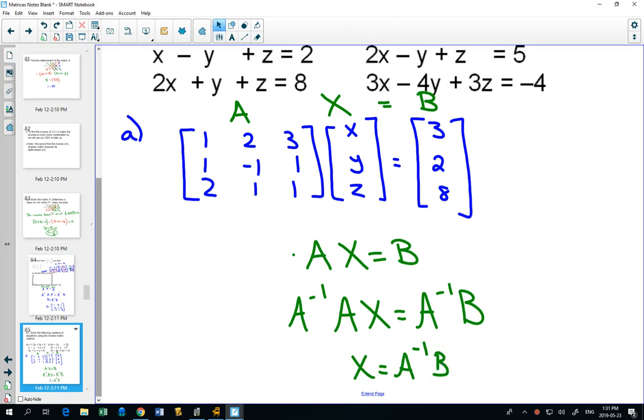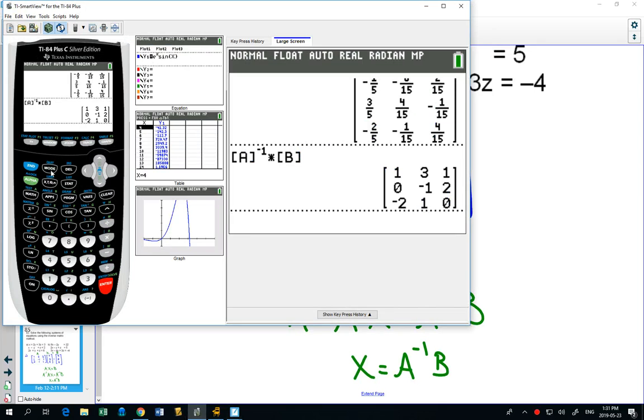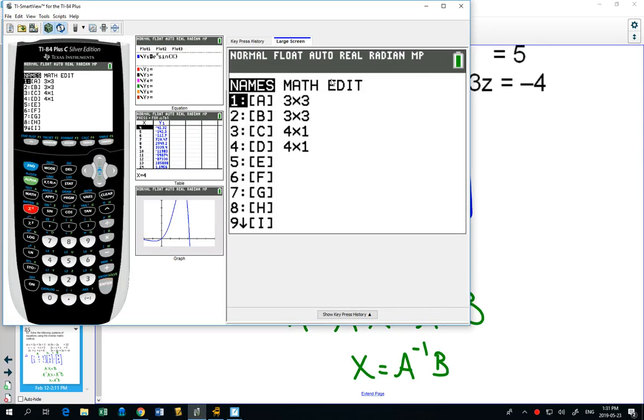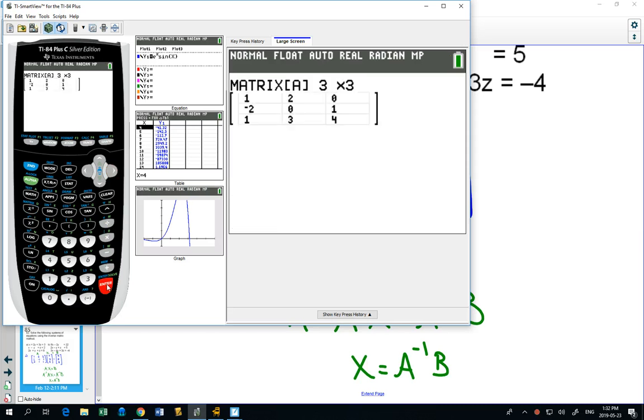So once again, we're going to need to enter these matrices into our calculator. Matrix A was 1, 2, 3, 1, negative 1, 1, 2, 1, 1.